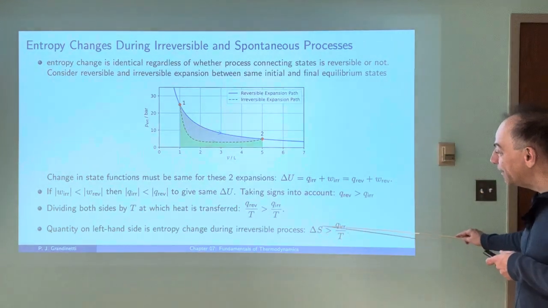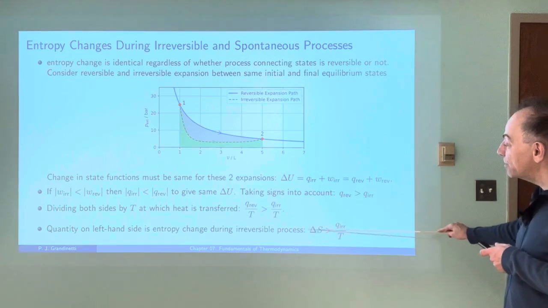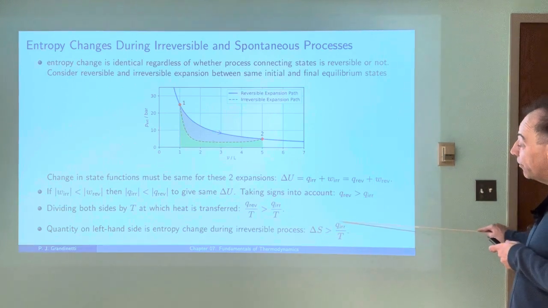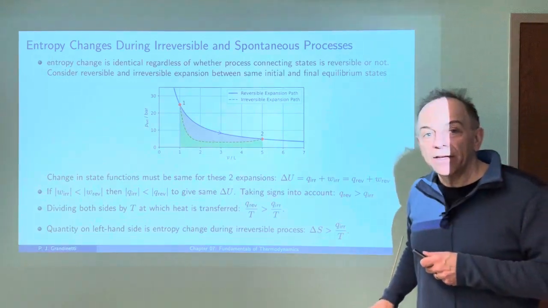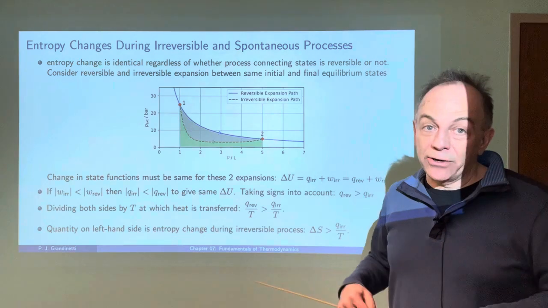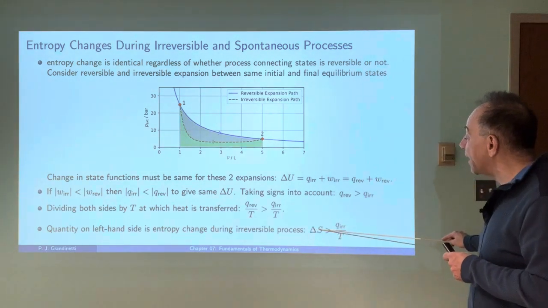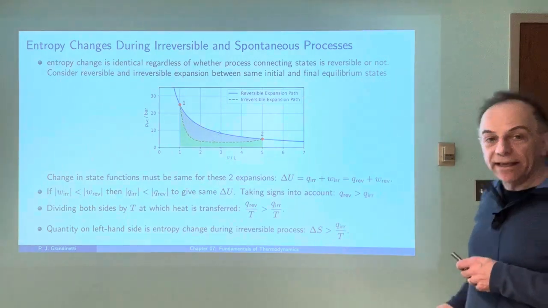So now we see that substituting for this, the delta S, that tells us that for an irreversible process, delta S is always greater than the irreversible heat flow divided by the temperature. So for an irreversible process, we don't have an equality, we only have an inequality, but we have a limit here. So we know that the entropy change has to be greater than whatever that irreversible heat flow divided by temperature is.